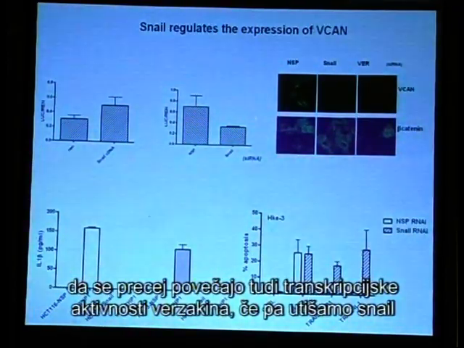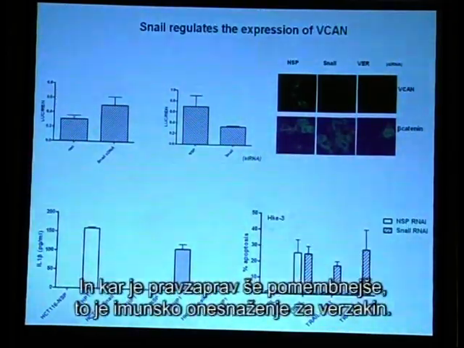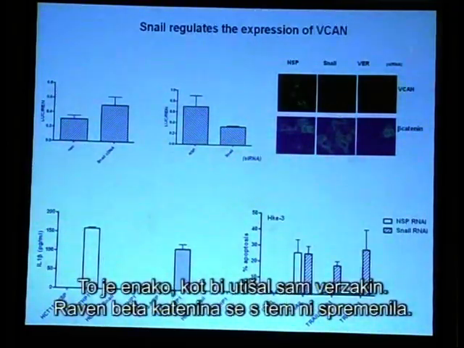If we silence SNAIL in tumor cells, the levels of versican transcription drop dramatically. And more importantly, this is immunostaining for versican. You see, if you silence SNAIL in tumor cells, there is no versican. It's as good as if you silence versican itself. The levels of beta-catenin were not affected.